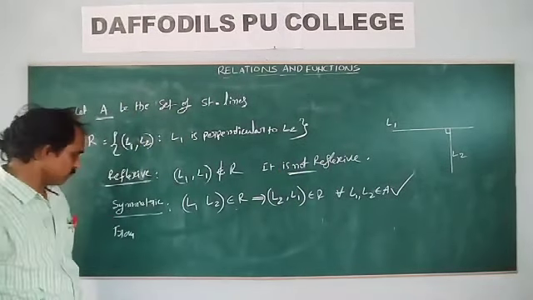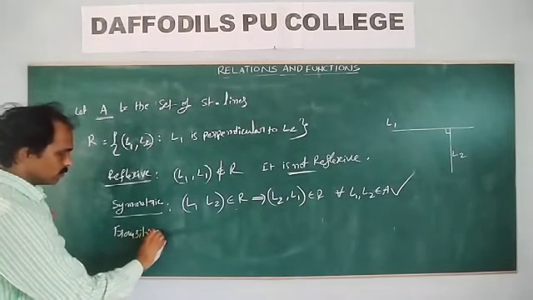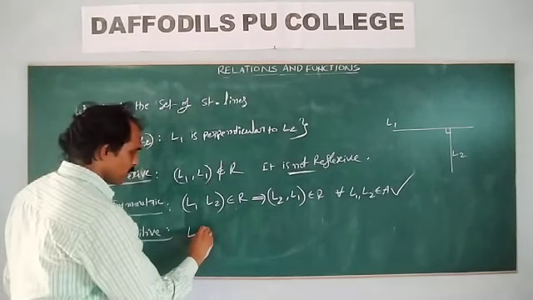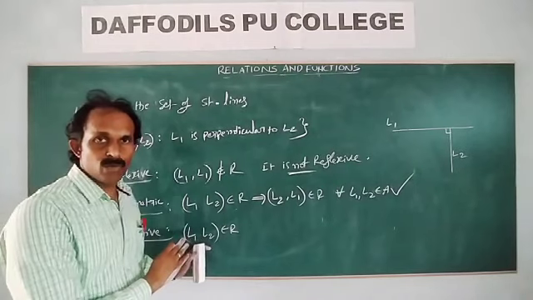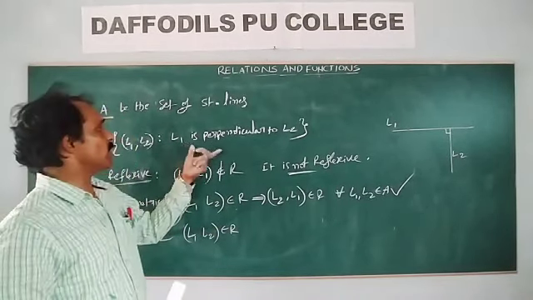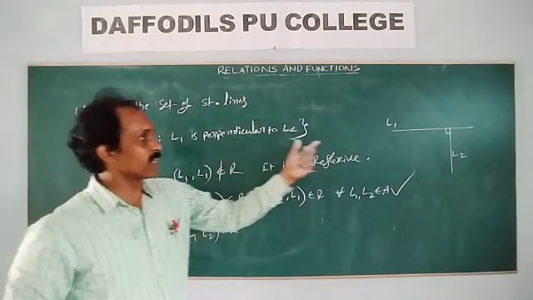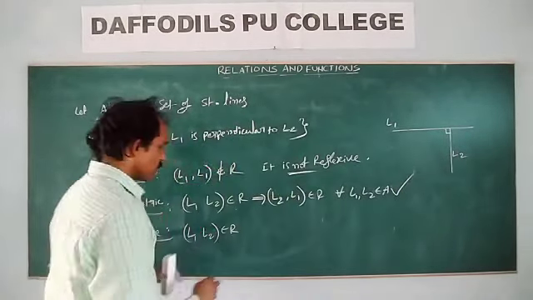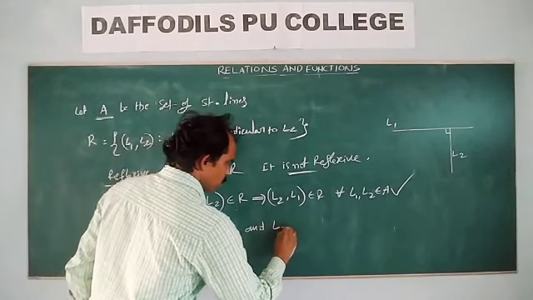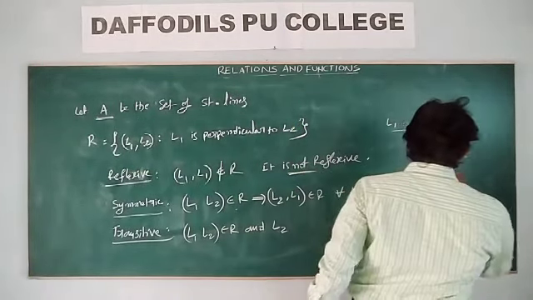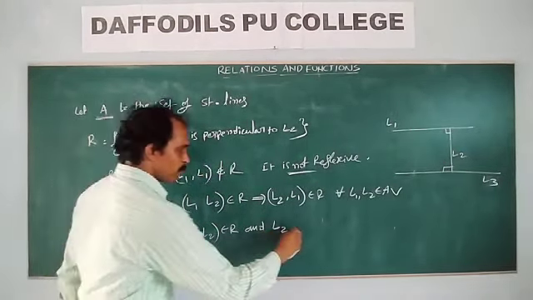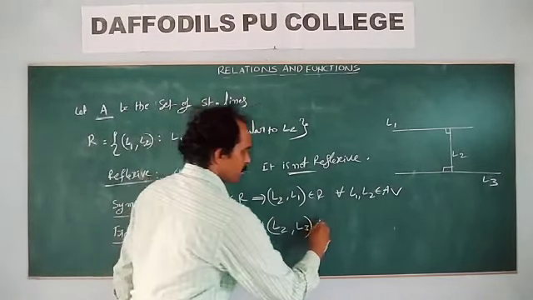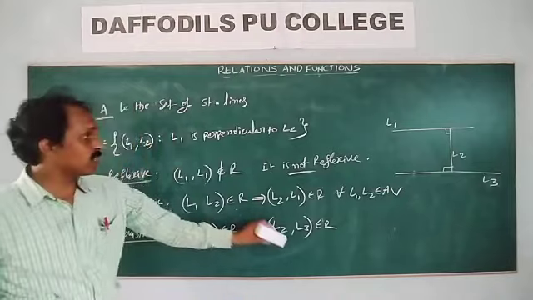Transitive. (L1, L2) belongs to R means the relation between line 1 and line 2 is perpendicular. L1 is perpendicular to L2. And L2 is perpendicular to L3, so (L2, L3) belongs to this relation.